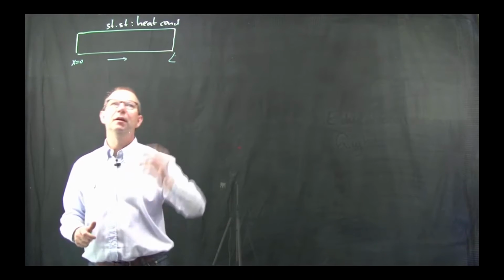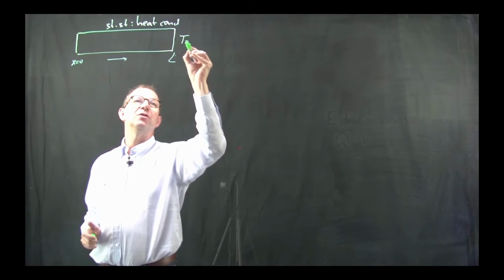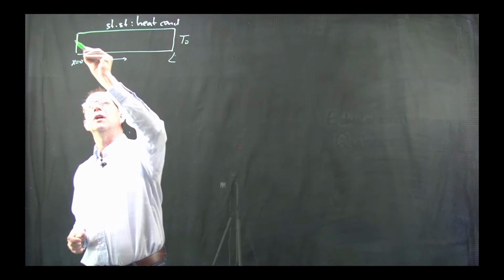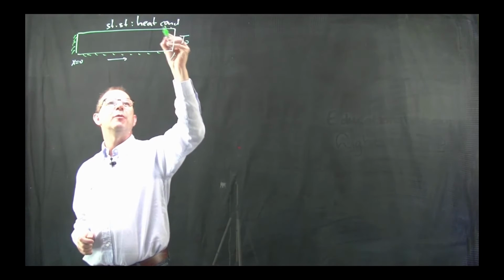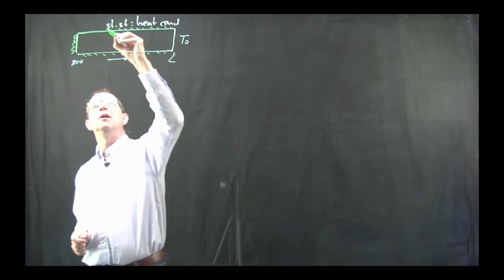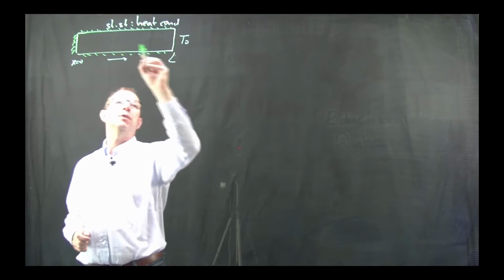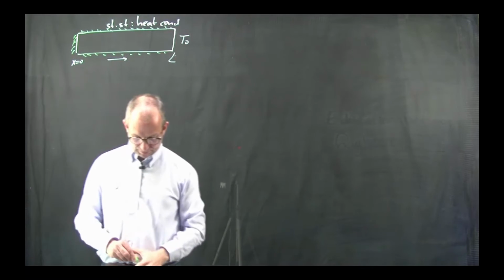Well, that's to say, this is kept at temperature T0 and this one also is insulated. So my insulation now runs almost everywhere. No heat can pass through these. Heat flow can only go out at the right hand side.